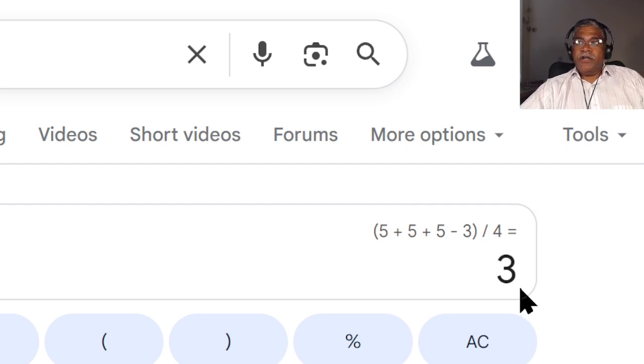Let's say I wanted an average of 3, and my first 3 numbers are 5. Now they could be a billion, a trillion, a gazillion, but the fourth number, if I have to have an average of 3, the fourth number does not have a flexibility. The fourth number has to be adjusted accordingly in order that I get an average of 3.